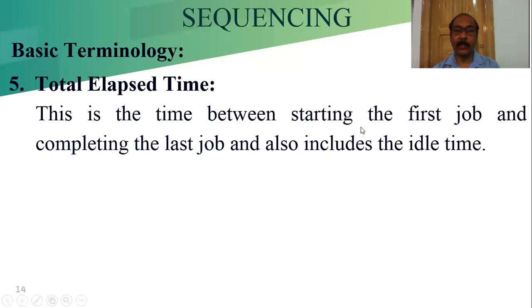This is the time between starting the first job and completing the last job, and it also includes the idle time. So how much time is required during the process to complete all the jobs through the machines is known as the elapsed time.